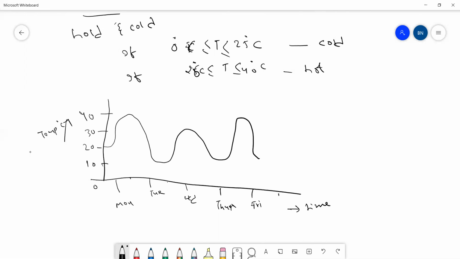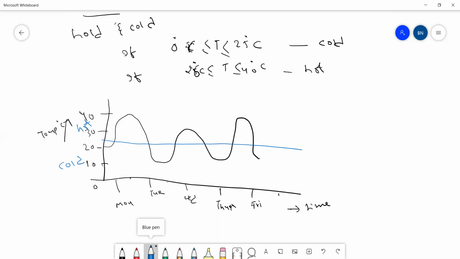Now what you do is, as per the quantization levels, for example from 0 to 25, this quantization level is cold, and above that it is referred to as hot.